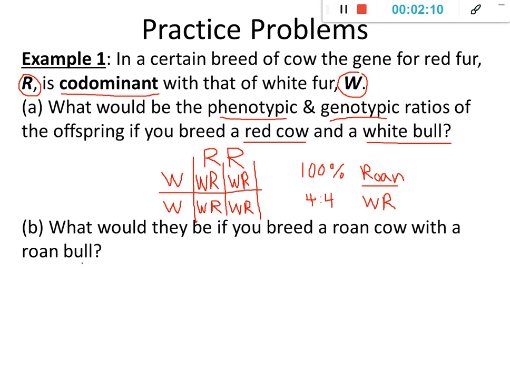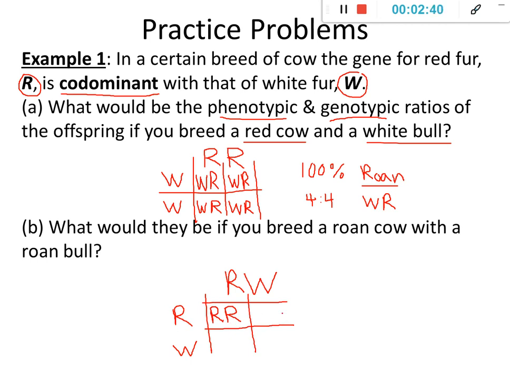Part B says, what if you took a roan cow? So let's do RW or WR, it doesn't matter. With a roan bull, so they would both be heterozygous for the red and the white coloring. Again, we can set up our Punnett square for this combination. If you took the red allele from the mother and the red allele from the father, the offspring would be red.